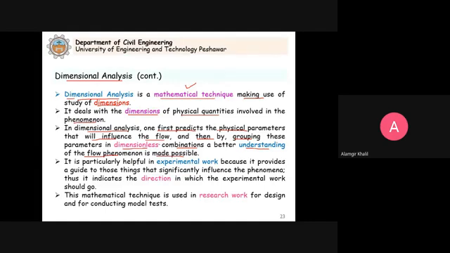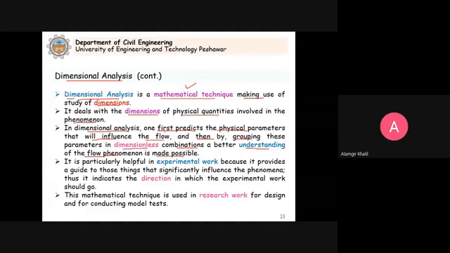Now, if you miss out important parameters or you bring unimportant parameters into the analysis, then the effort will be more, the solution will be difficult to analyze, and you will not get realistic results. That's why I repeat that in similitude and in this dimension analysis, a basic understanding is a must. Because if you pick the wrong parameters, then you will not get the required results.